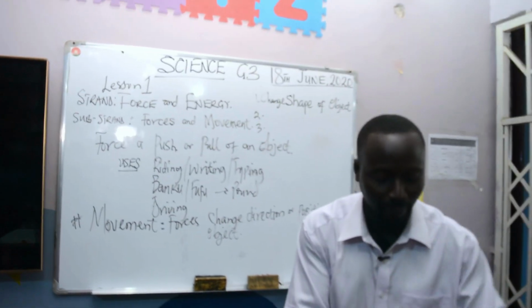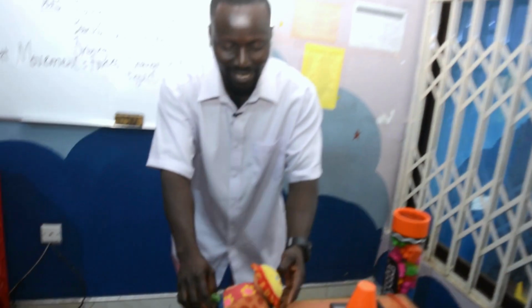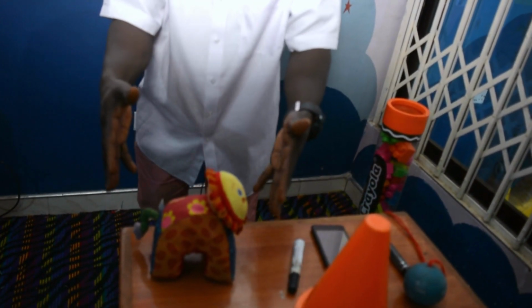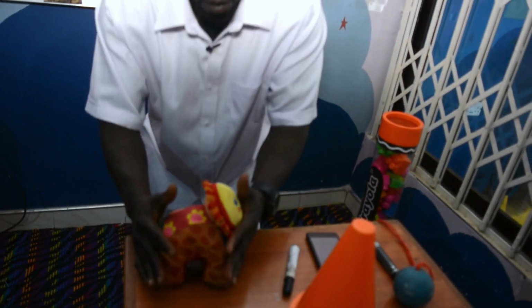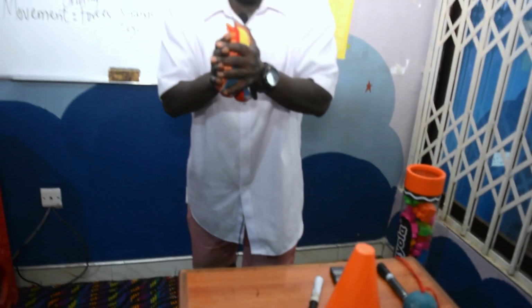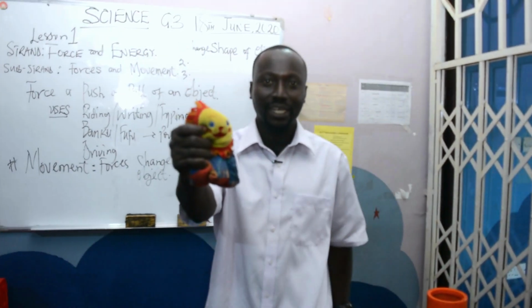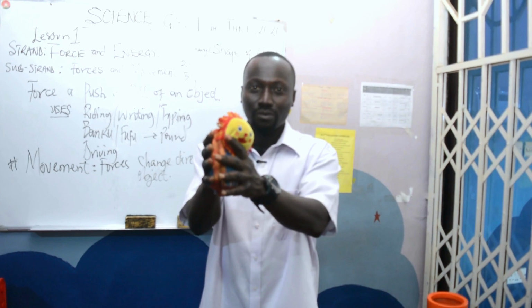Observe this carefully. The shape of this nice doll can easily be changed when I apply force on it. As I compress the doll, the shape has now changed completely. Very well.